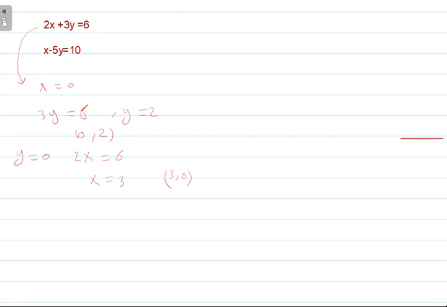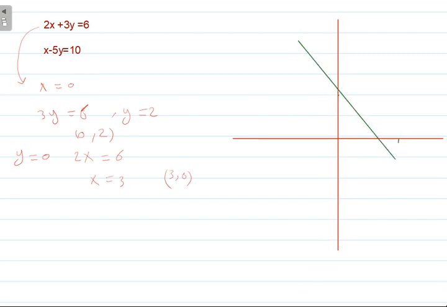Let's represent the first line here. The first point is (0, 2) here, and the other point is (3, 0) here. This is roughly the line. Let's see the other equation here.